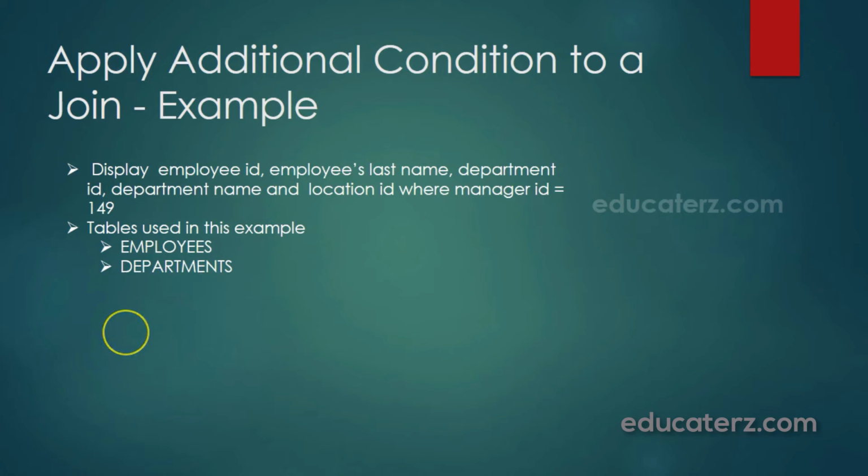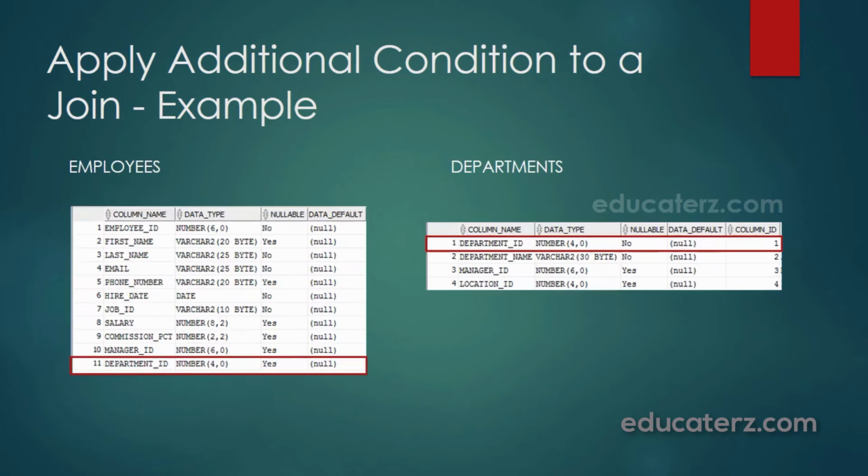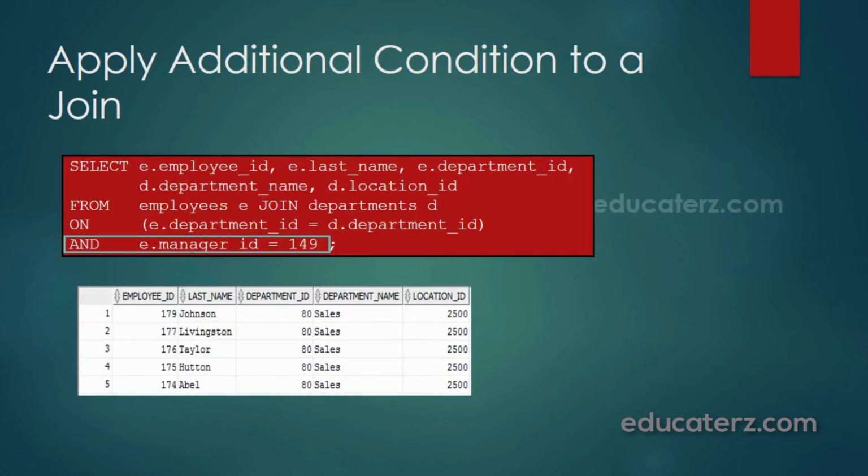The data structure is shown here. We know that the employees table has a department ID column and the departments table also has a department ID column, which are common columns between these two tables, and we have to apply an additional condition, that is manager ID is equal to 149. We have to use that in the query.